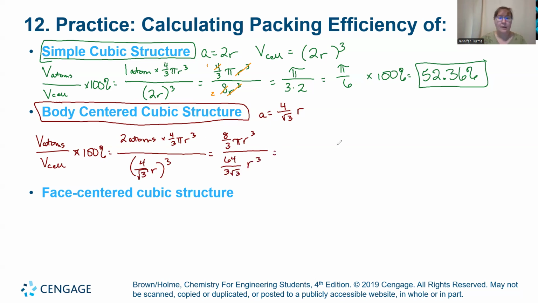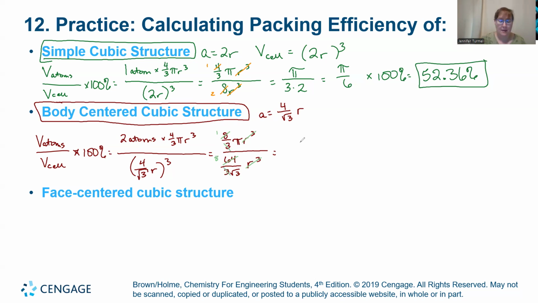Now let's go ahead and cancel things out again. Cancel out our r cubed. The 8 becomes a 1 and the 64 becomes an 8. And we can cancel out these 3's right here.